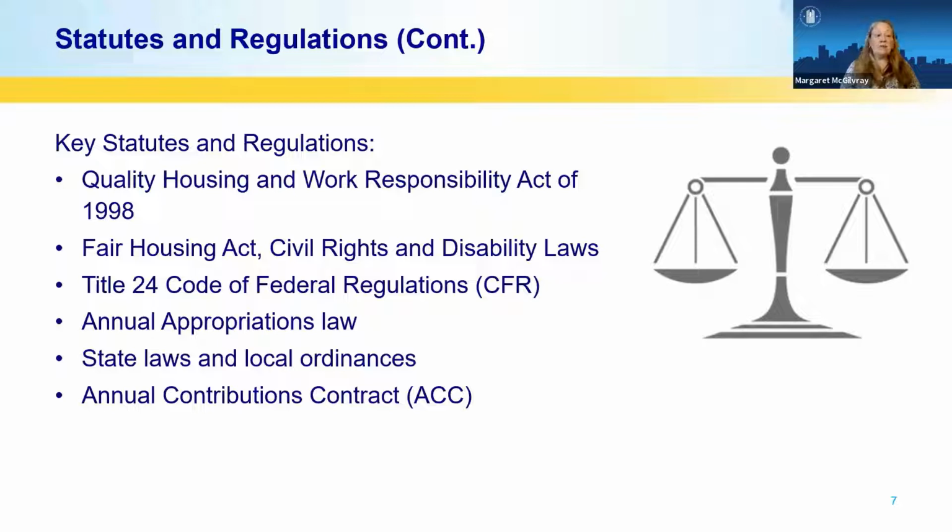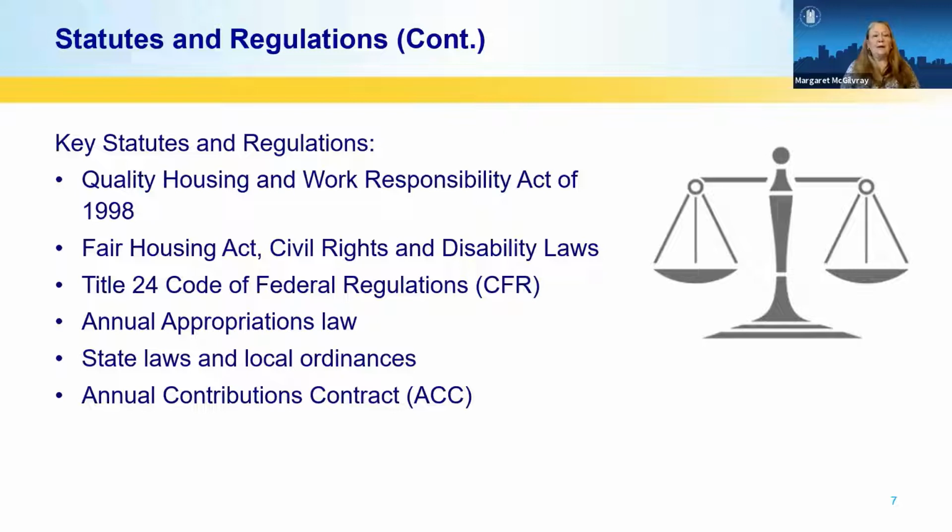QHWRA also established increased screening and eligibility criteria, particularly as it relates to criminal backgrounds. It also established the requirement of a 5-year and annual plan, otherwise known as the PHA plan, as well as the Capital Fund plan, and included the establishment of a Resident Advisory Board, or RAB.